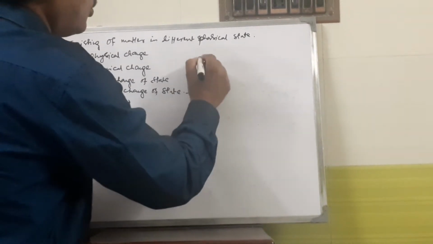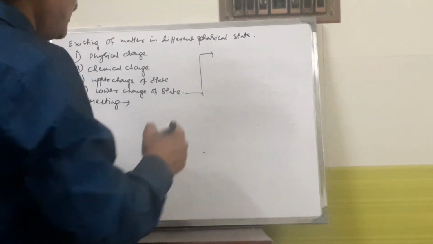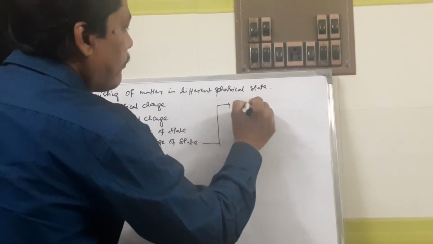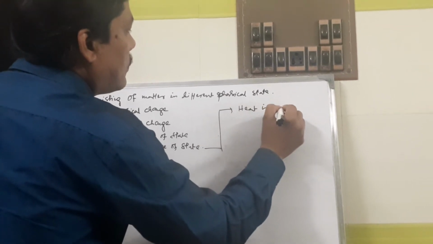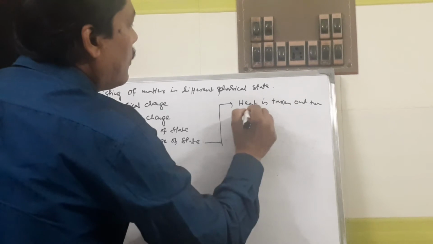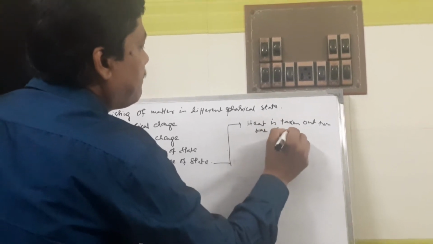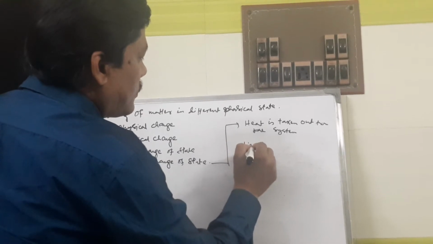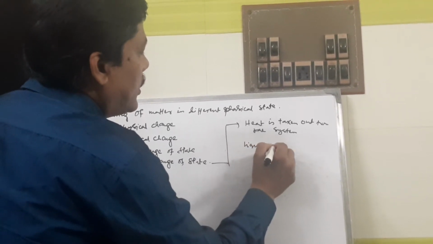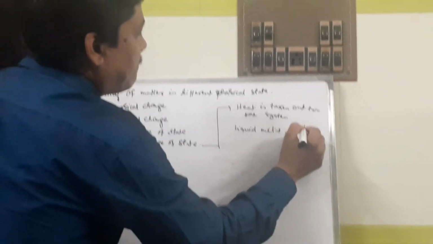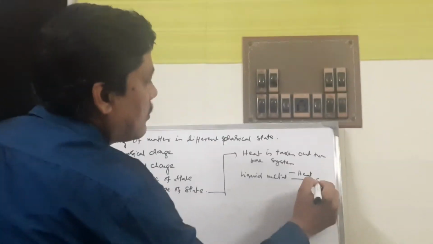Now let us come to lower change of state. In case of lower change of state, heat is taken out from the system, such as liquid metal to solid.